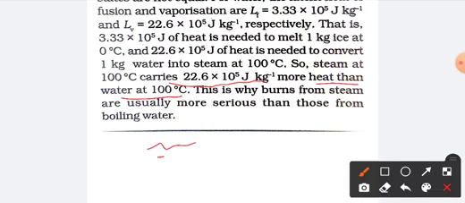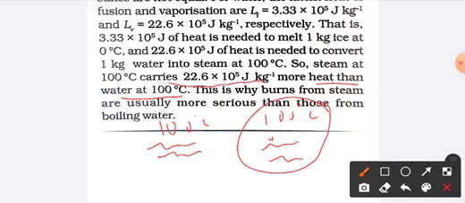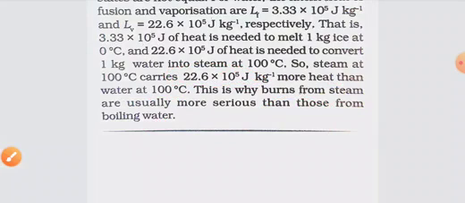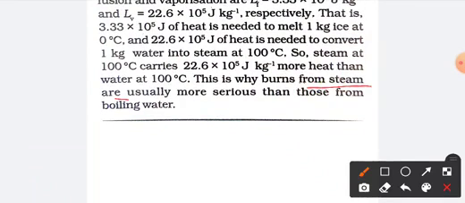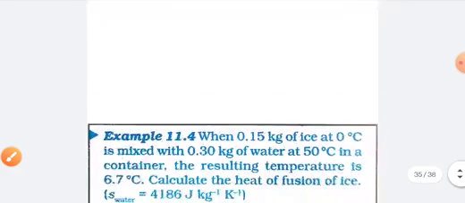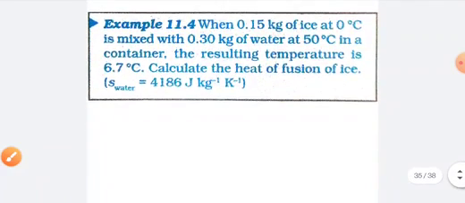If we have water at 100 degrees Celsius and steam at 100 degree Celsius, which is more dangerous? Steam will be more dangerous because it has this much more heat energy than water. This is why burns from steam are usually more serious than those from boiling water. Correct?